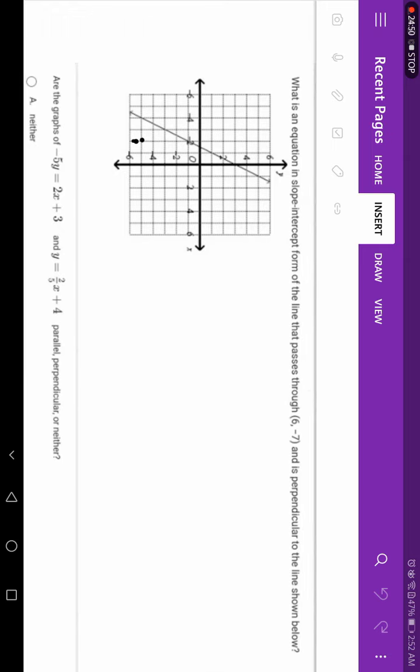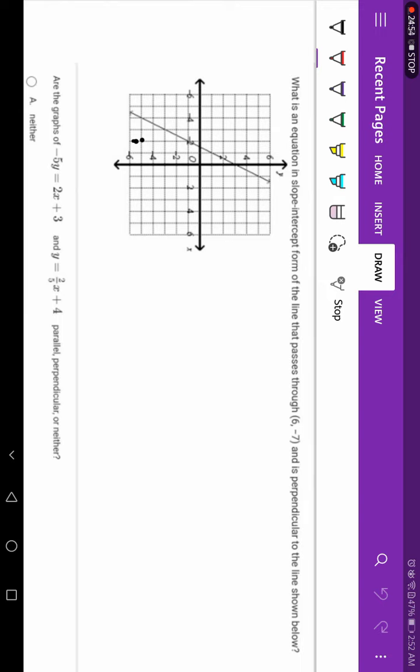What is an equation in slope-intercept form of the line that passes through (6, -7) and is perpendicular to this graph?